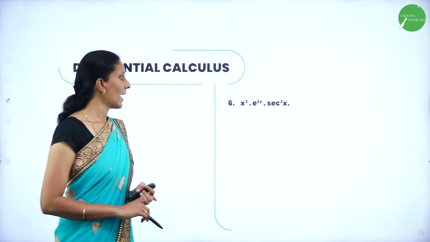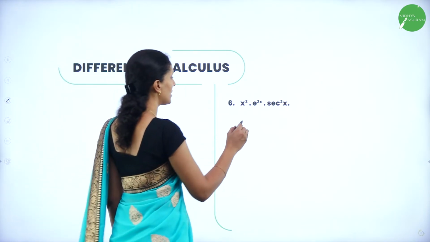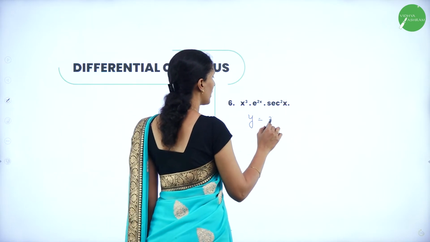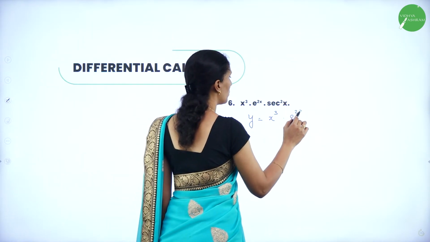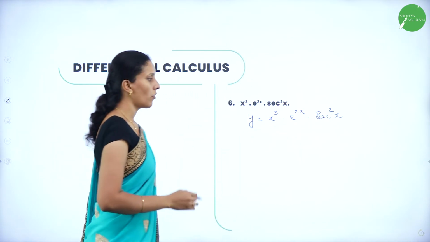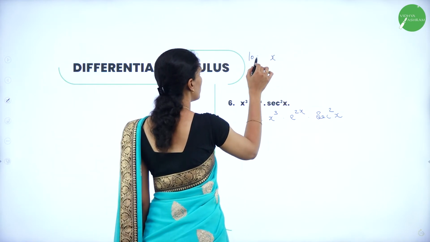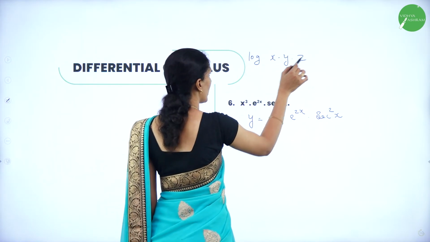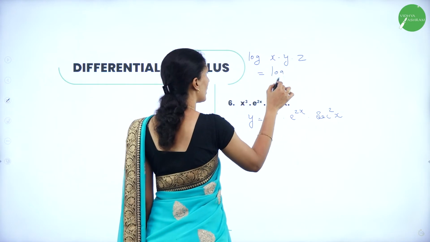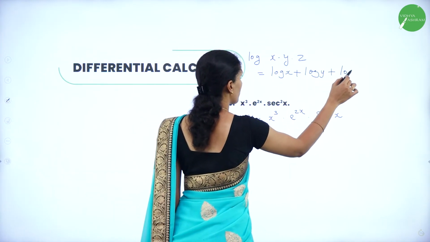Next we have x cube e power 2x secant square x. So let y is equal to x cube e power 2x secant square x. This is in the form of product. So log of x into y into z, if you have like this, you can write it as log x plus log y plus log z.